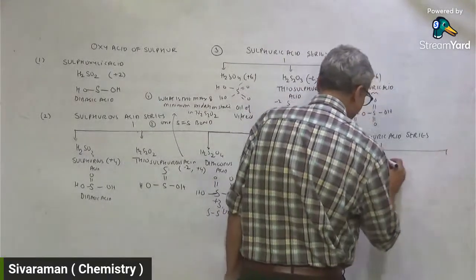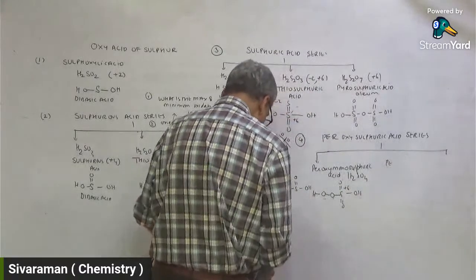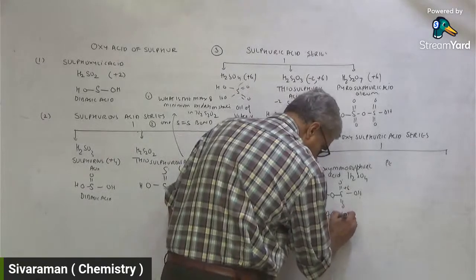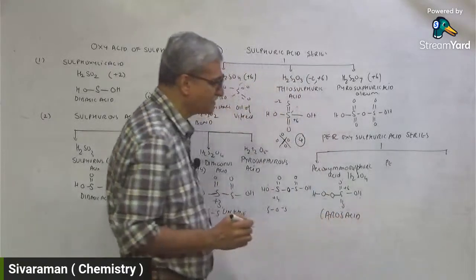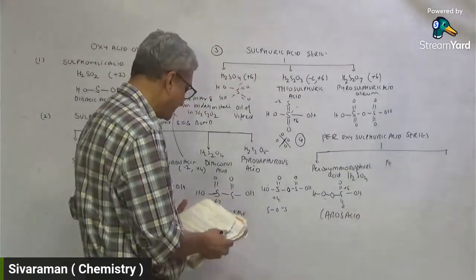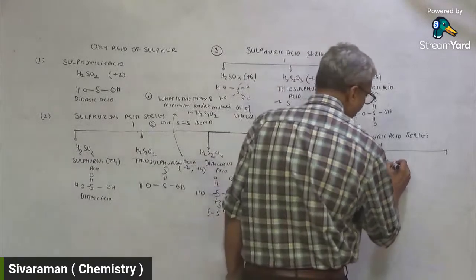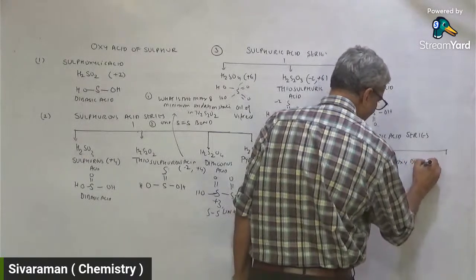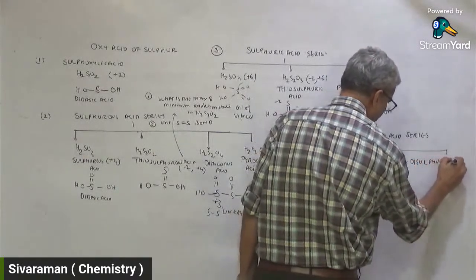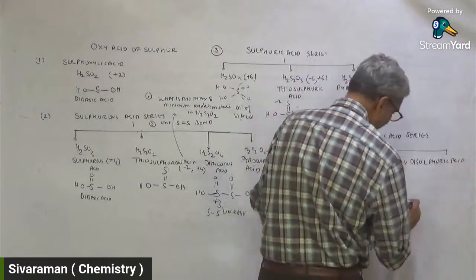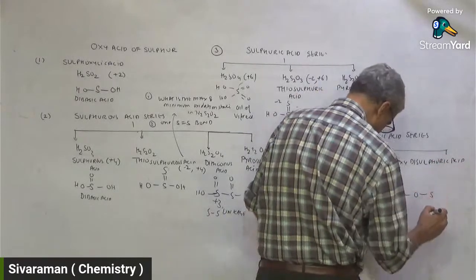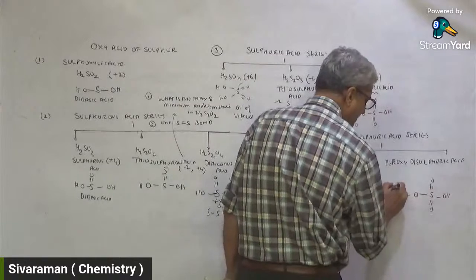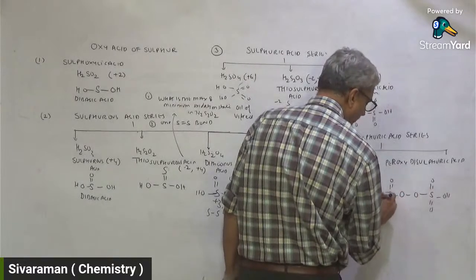Then we have peroxy. It is also called, very, very important, Caro's acid. There is a lot of emphasis on this Caro's acid, and the other one is Marshall's acid. So you have peroxy disulfuric acid. What is peroxy disulfuric acid? You have an OO bond, and what happens? S double bond O, OH, S double bond O, S double bond O, OH.